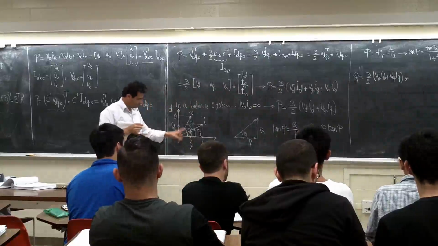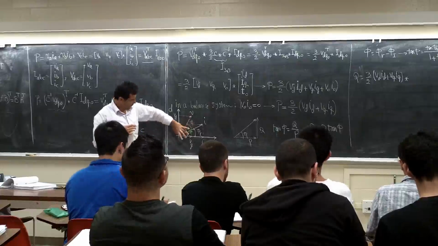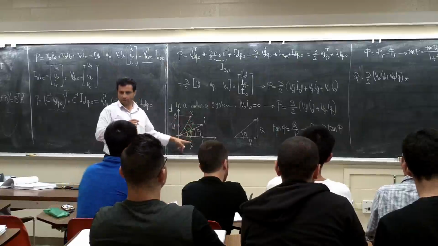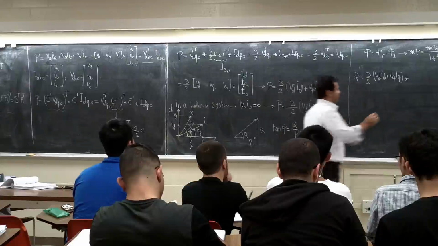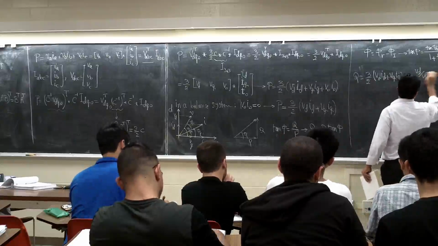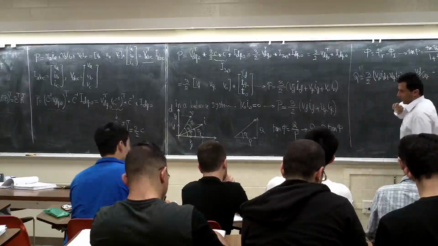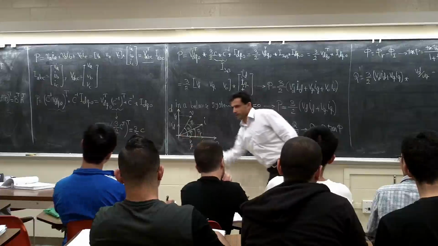This is phi v, it's going to be this one divided by this one. Tangent phi v is going to be Vd over Vq. How about tangent phi i? Id over Iq, right?